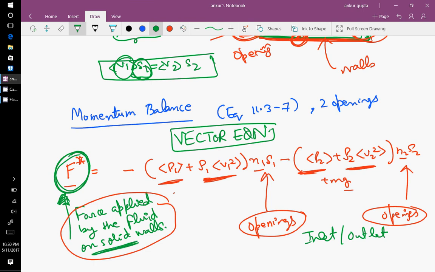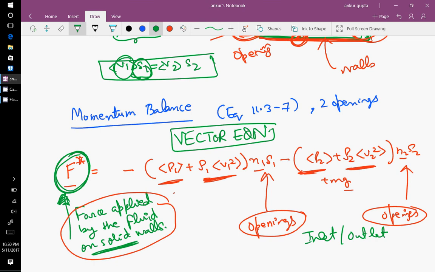So I hope this is clear. If we are in a system wherever we have some solid walls, and we can construct a control volume such that we understand the pressure distribution on the opening, inlet and outlet, based on that information we can calculate the force applied by the fluid on solid walls.